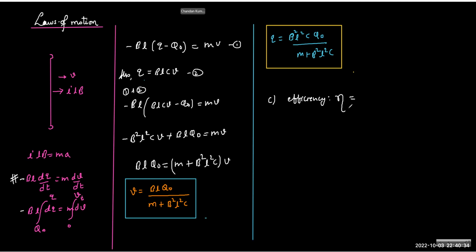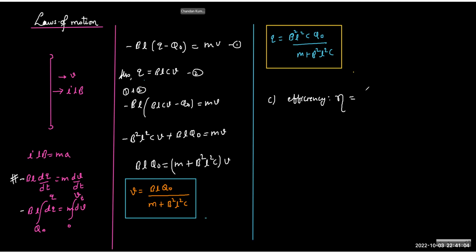Efficiency is this: you had a capacitor which gave energy to the conductor, the slider, but not all the energy, because some charge was left on the capacitor, which means some energy was still stored in the capacitor. So efficiency is how much energy of the capacitor we utilized in accelerating the rod.